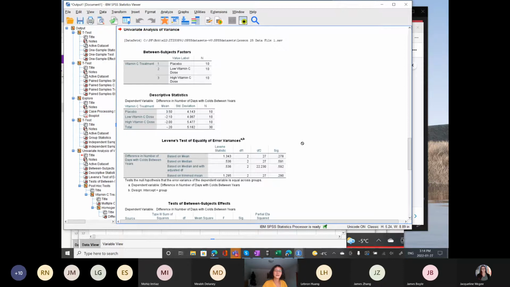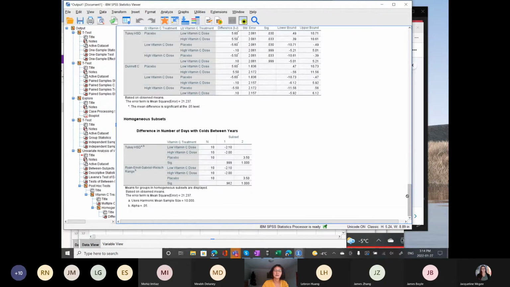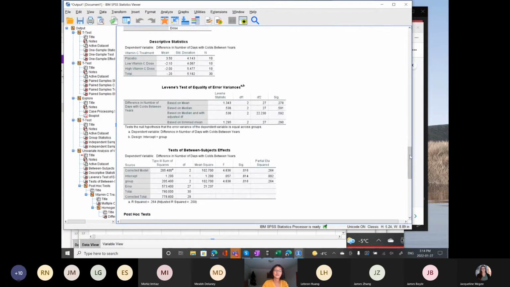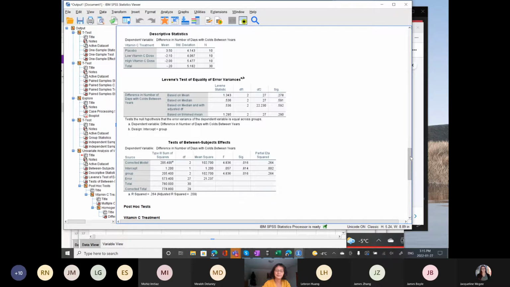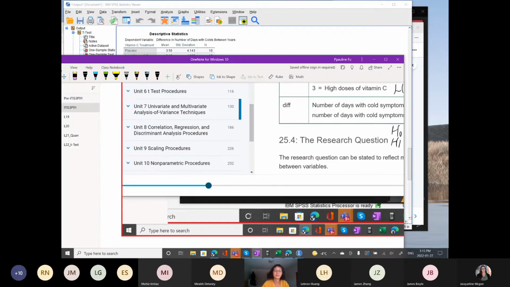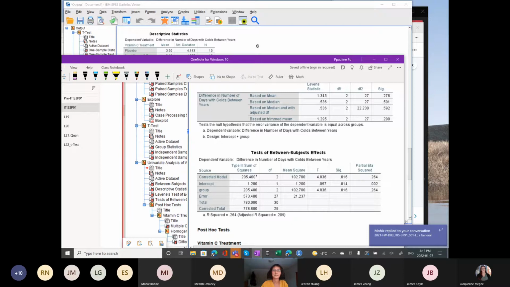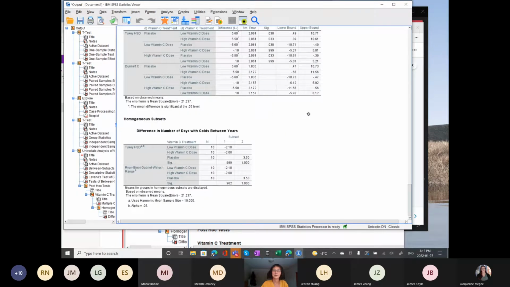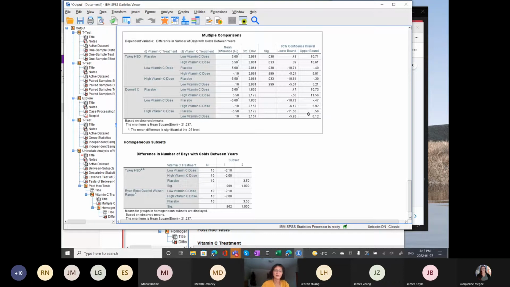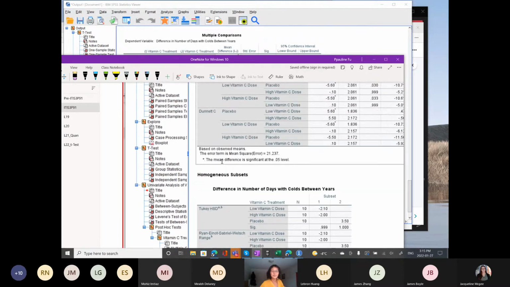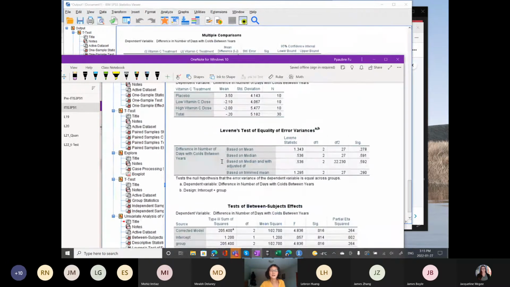Okay. So this is the result. I'm going to copy this result into a document to make annotations. All right, so this is our output.